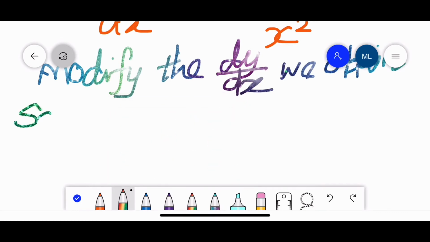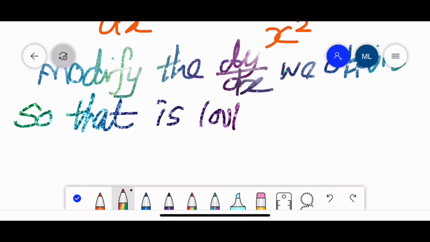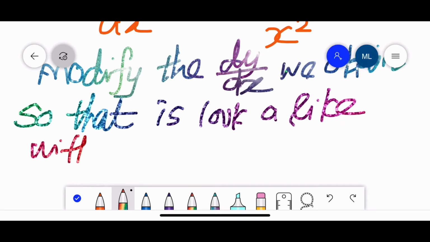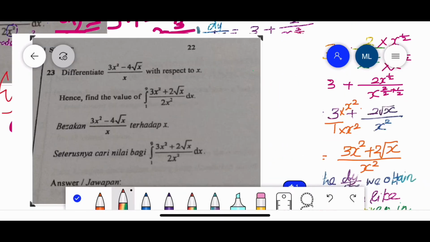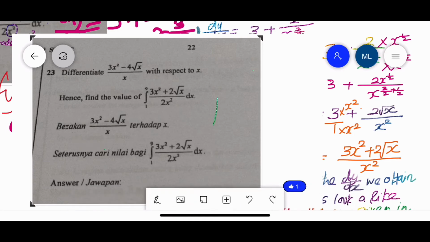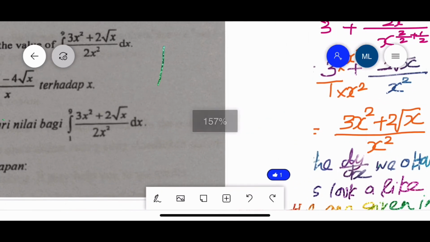Now if I ask you, if I integrate my dy dx, what will I get? Can you answer me? Alright, I already modified the dy dx so that it looks alike with the one given in the question, because later I want to integrate. So if you can answer me, that means you will get the answer already.